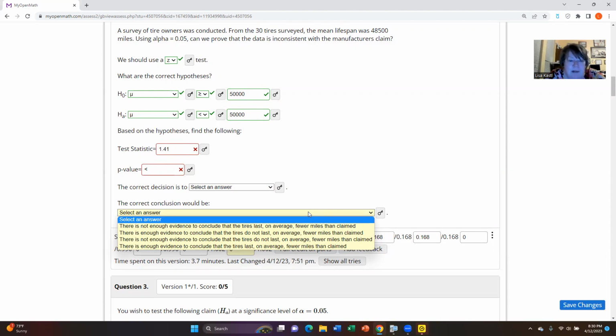There is not enough evidence to conclude that the tires last on average fewer miles than claimed. Isn't that what we're testing? That they last less than 50,000 miles? There's not enough evidence to claim that. The evidence doesn't support that they last less than 50,000 miles.